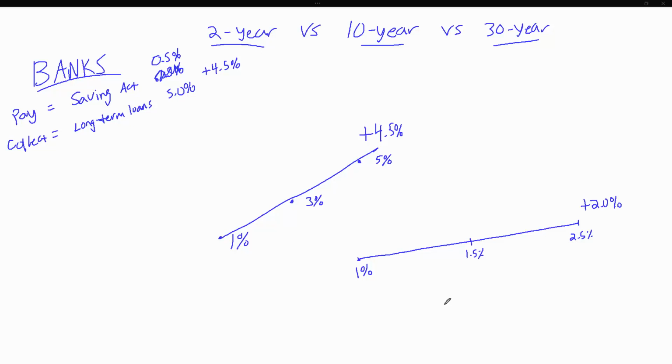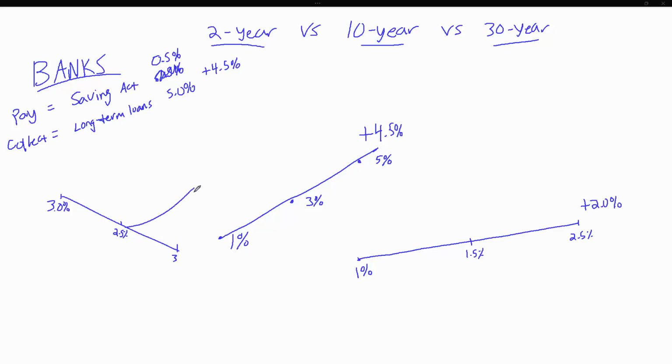Now, if we look at this from the standpoint of expectations and whatnot and how this plays out, there's even a scenario where this can go like this. Now it's pretty weird, it's pretty strange, but basically a 2-year could be at 3%, a 10-year could be at 2.5, and I don't know, maybe the 30-year is back up to maybe it's 3.